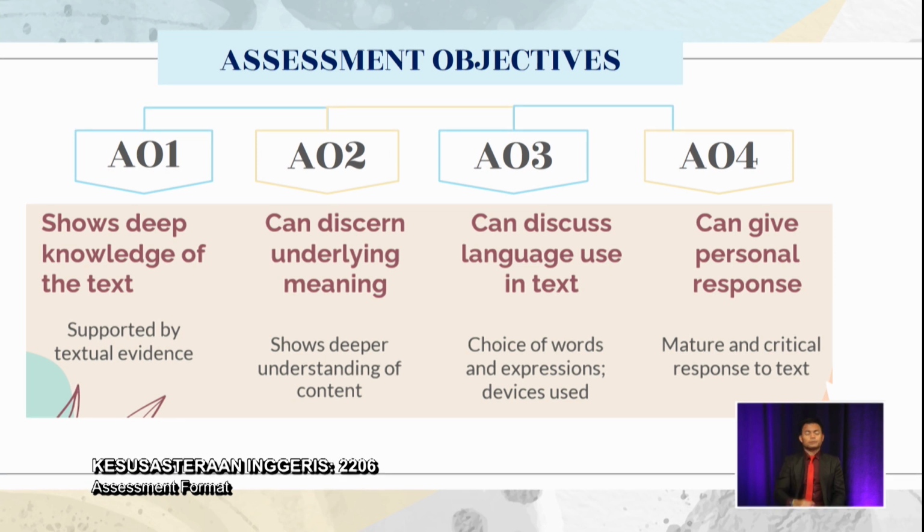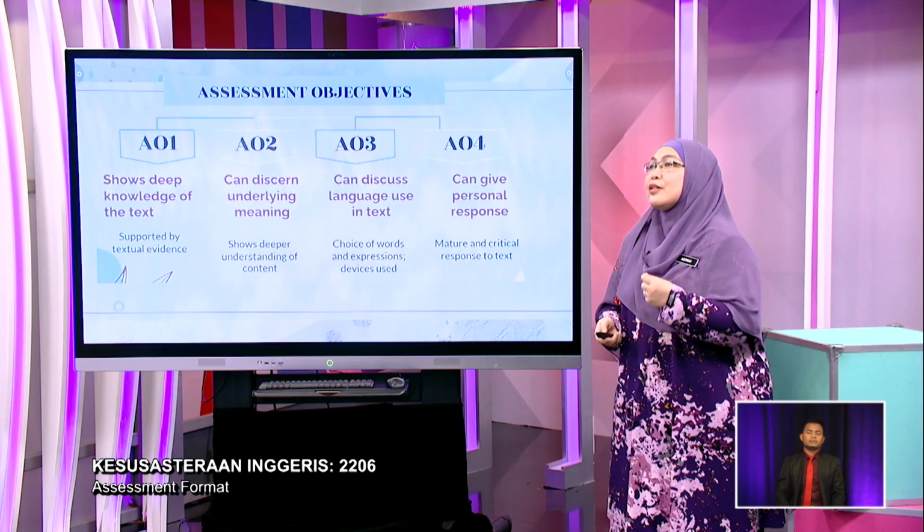How do I respond to the text? Normally, if I'm in class and I ask them, how do you feel? What do you think? They might even look at me with a blank expression and say, I don't know. And that's a no-no. You need to respond to the text as well as to the task.